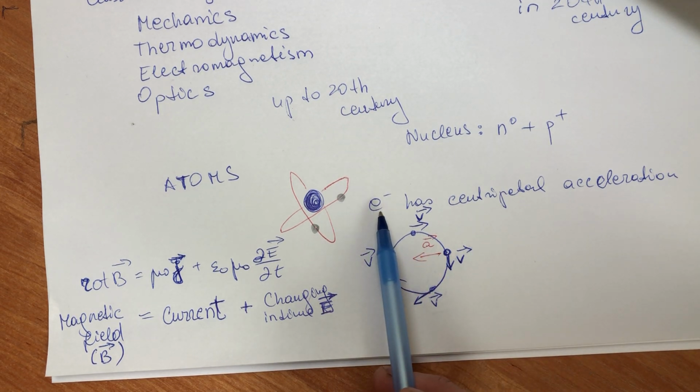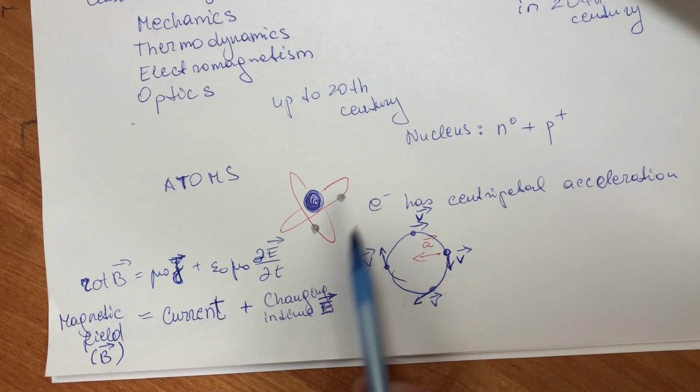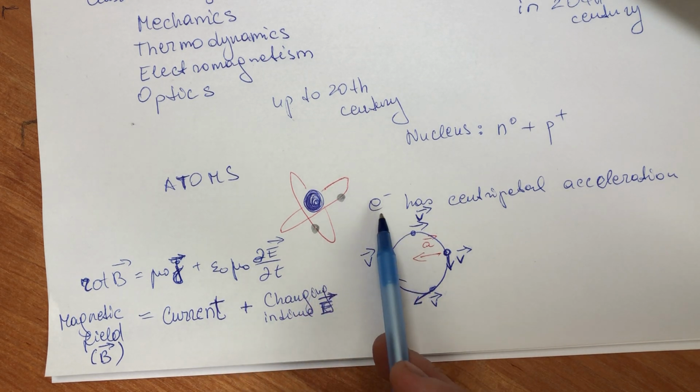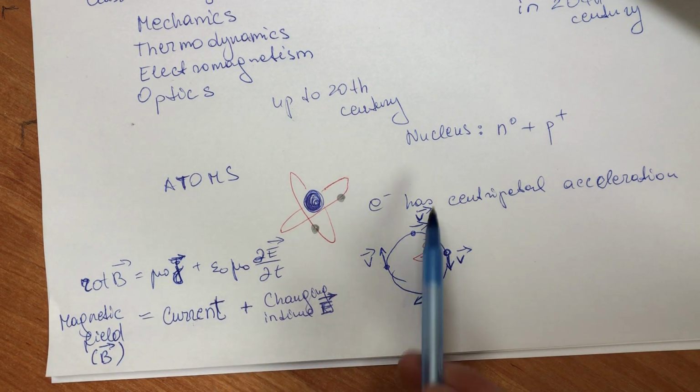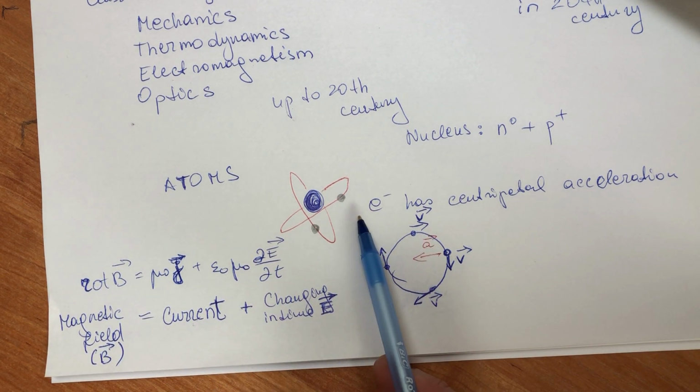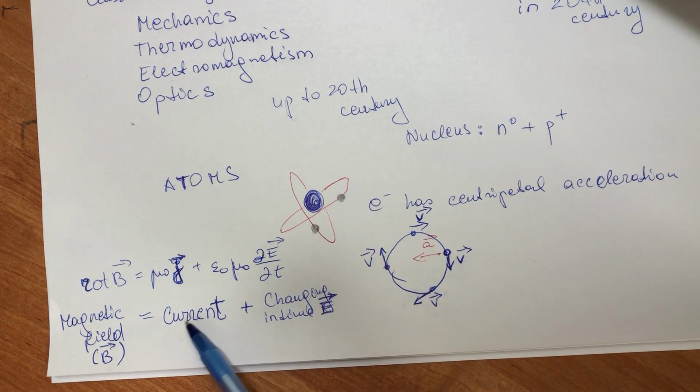If a charge is moving, it means that this is current. But if it's moving with constant speed, no acceleration, it's just direct current.